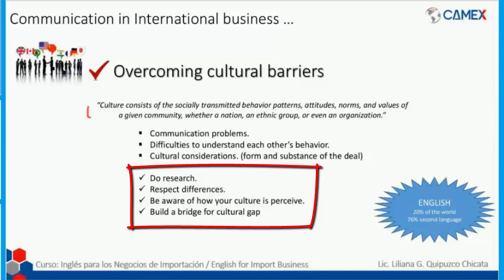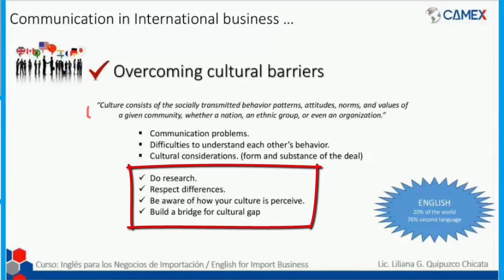If it is something that really goes beyond your personal values, maybe you can politely ask to be dismissed, and you can get out of that business meeting. But if it doesn't affect you that much in terms of values, you can stay there, and you just have to learn to respect the differences so you don't create a cultural barrier.